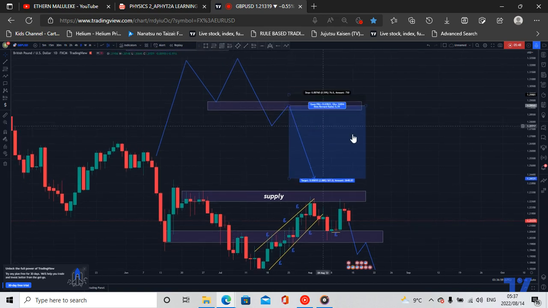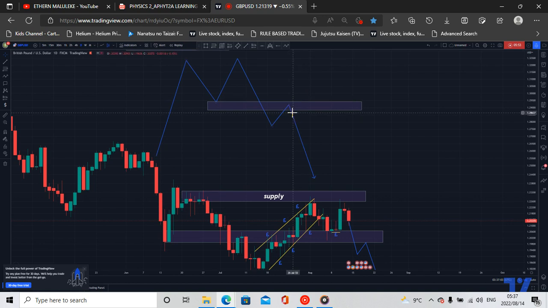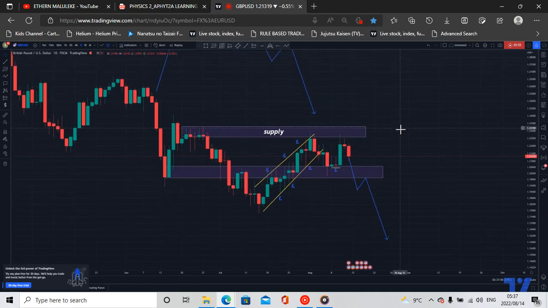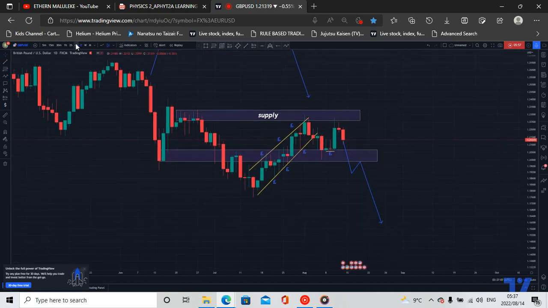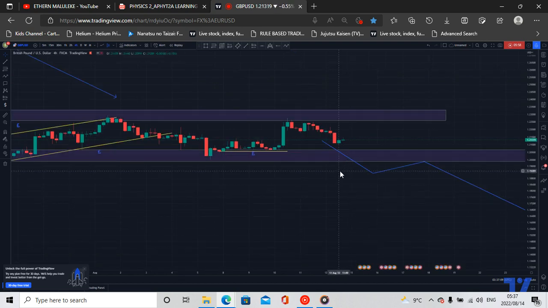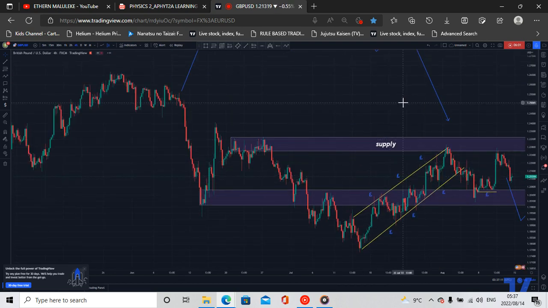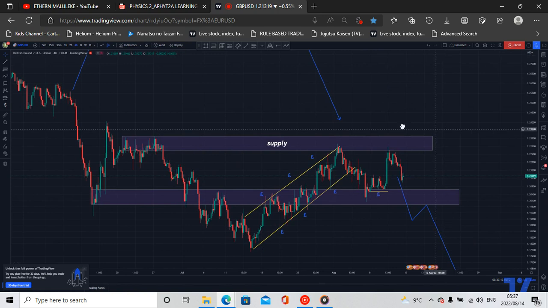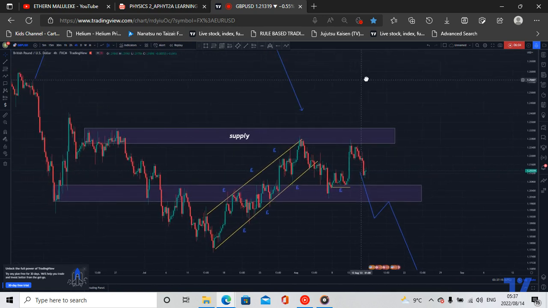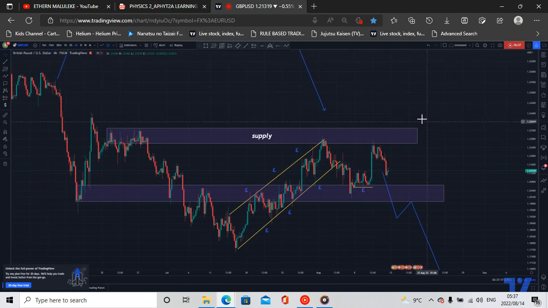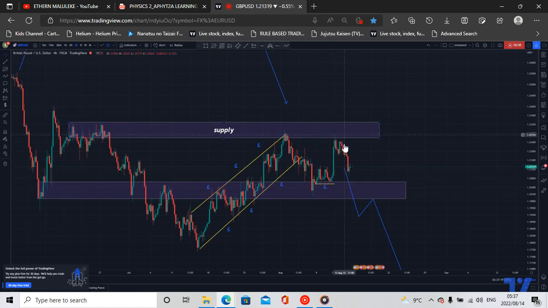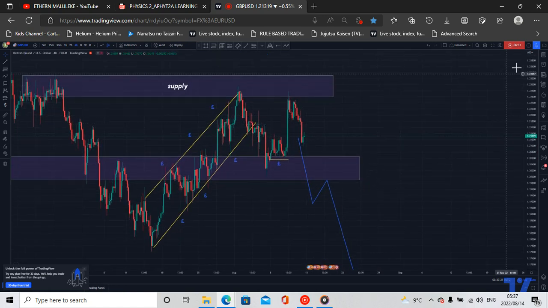Those are the concepts for supply and demand. For now, I'm just giving you a clue on how these pairs are going to behave anytime soon, so that when you see the market going down, you won't be surprised. We must break the zone here, retest it, then we go back down. That's the scenario we've got for Euro USD and GBP USD.